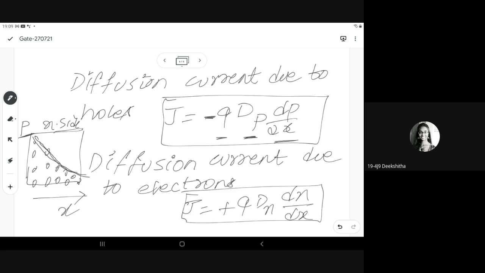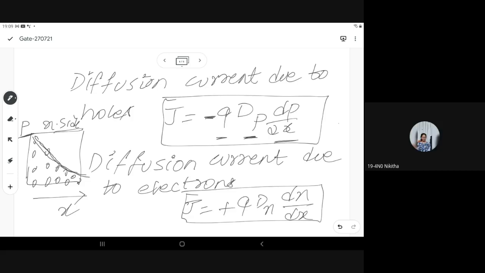Whenever the holes concentration decreases, what about the current direction? We already know that the current is always in the direction opposite to the direction of electrons, or in the same direction as holes. Is it right?